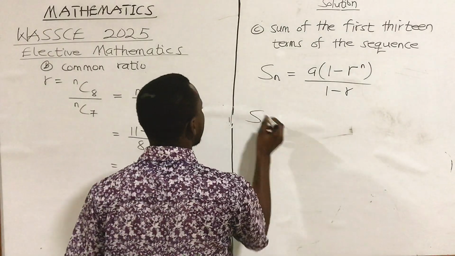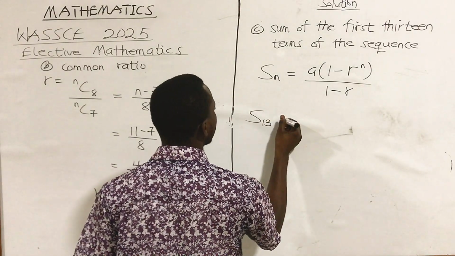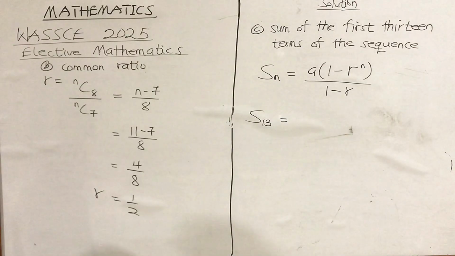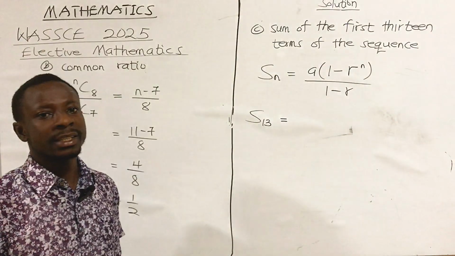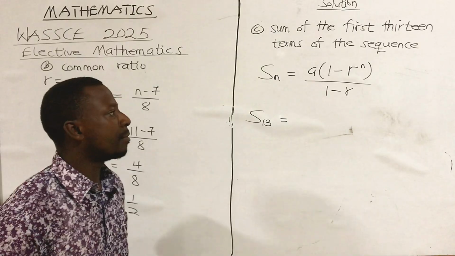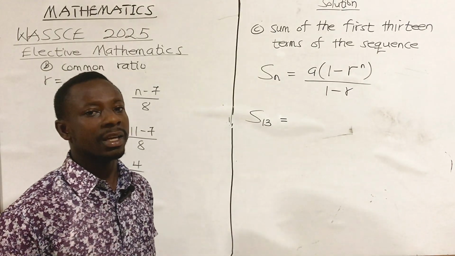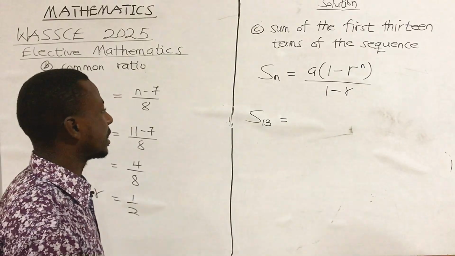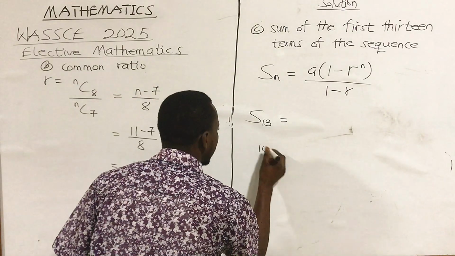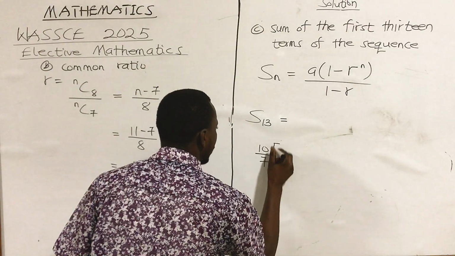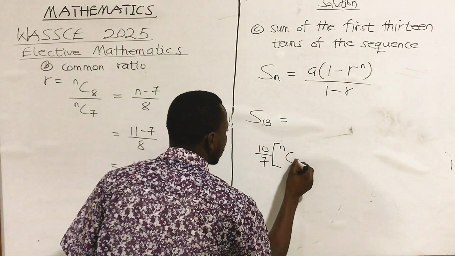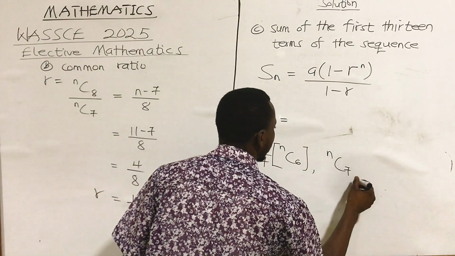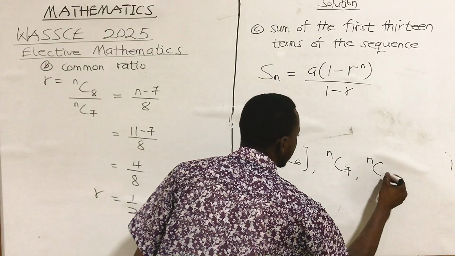So now we have the sum of the first 13 terms to be equal to. Now from here, the question was very clear about the terms. If you remember, we were given the terms to be 10 over 7 in a big bracket, n combination 6, then n combination 7, then n combination 8.